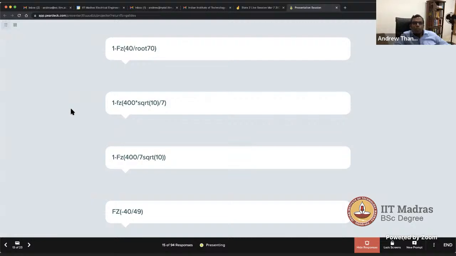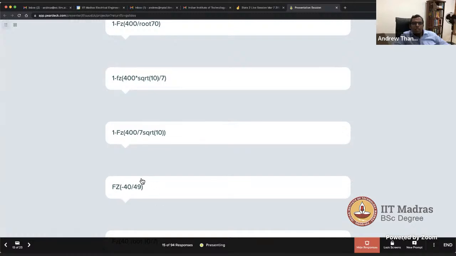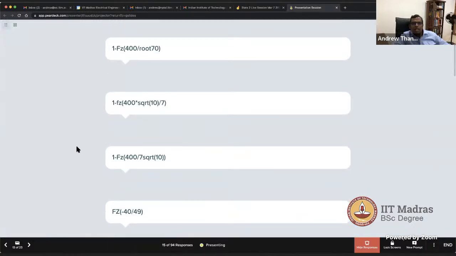That's 40 by 49, but I don't think 49 is correct. But this answer looks correct to me, 1 minus FC. Is it root 70? Some people are writing 7 root 10.